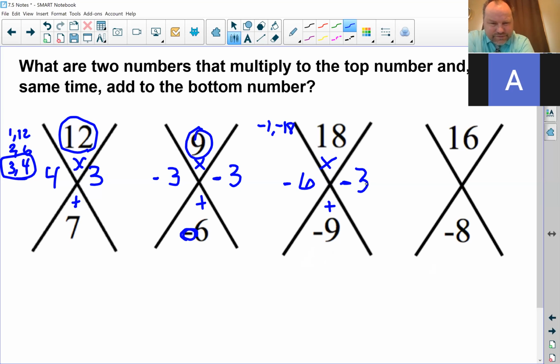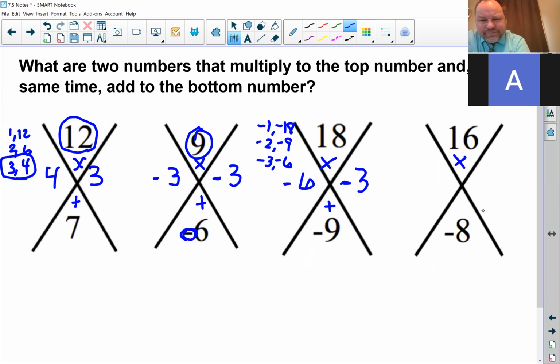Last, and again, this one you could write out the factored pairs. Now, remember, they have to add to -9. That doesn't mean they have to have a factor of -9, so just be careful on that.